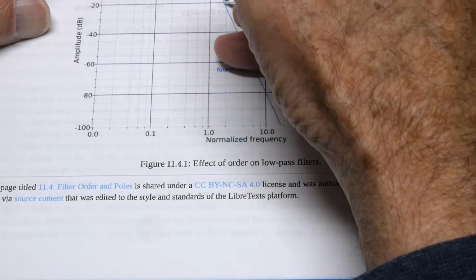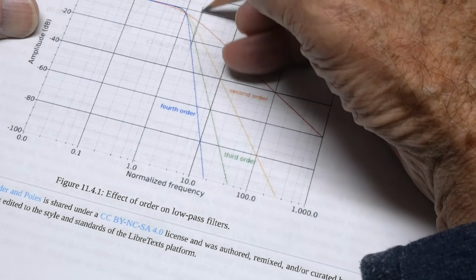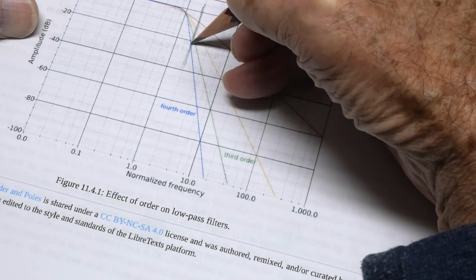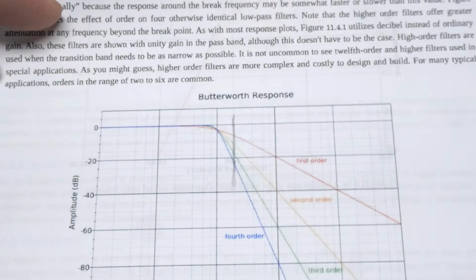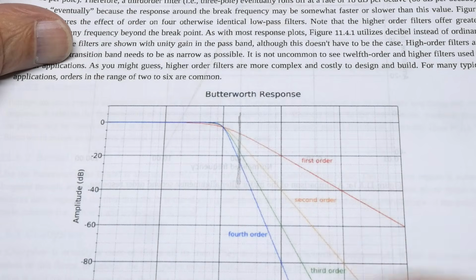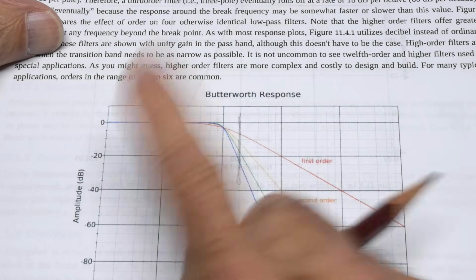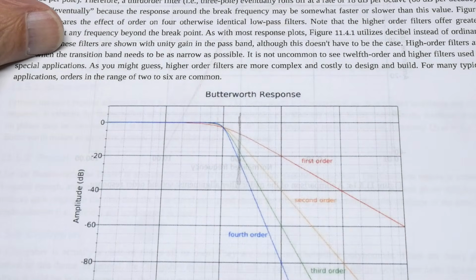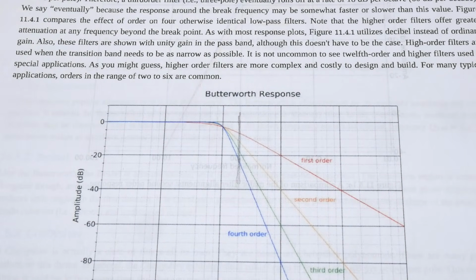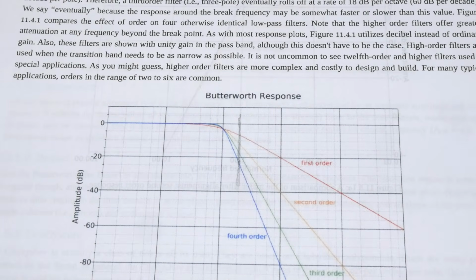So this line right here, draw it in a little darker, this would be the decibels per octave. So it would be 6 dB per octave, and so on. So sometimes they specify filters in dB per octave. Sometimes they specify them in dB per decade. I like dB per decade better.